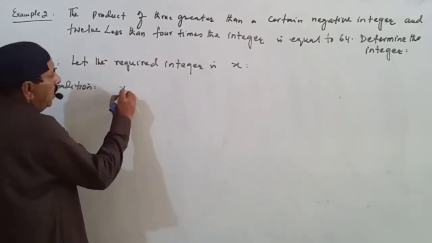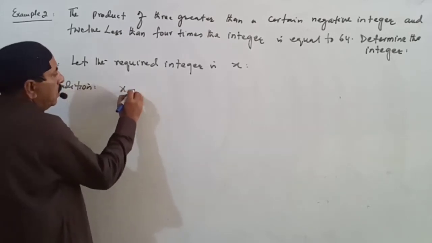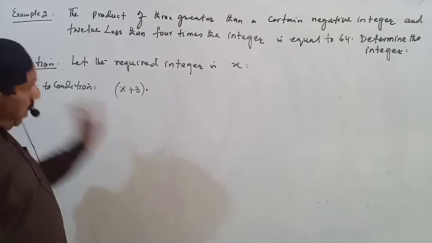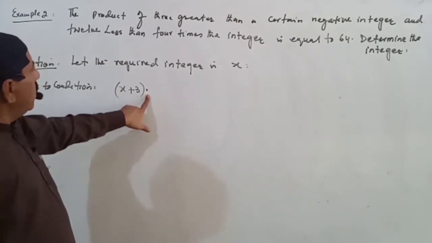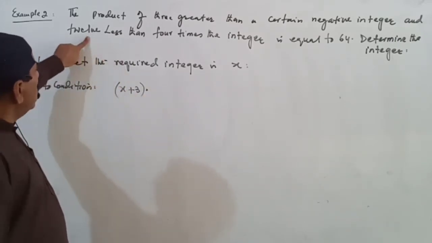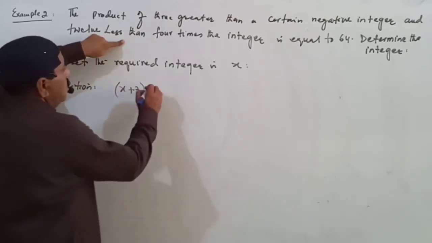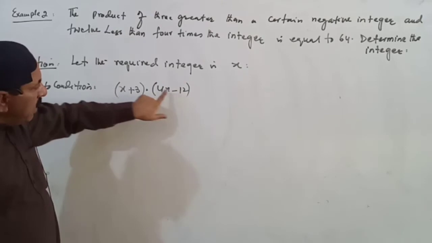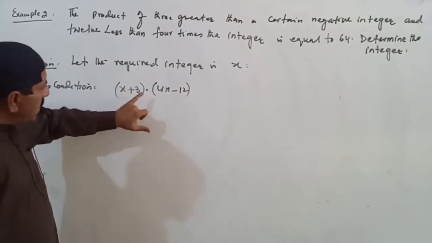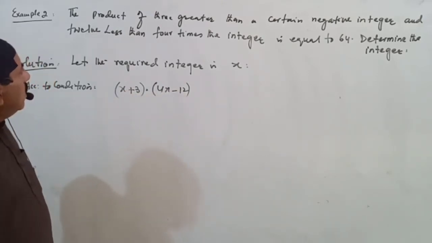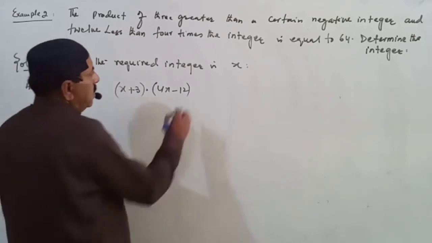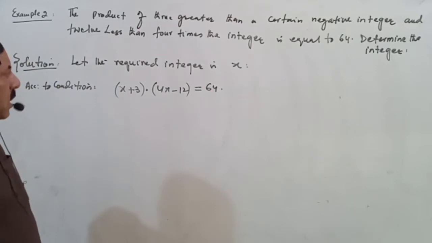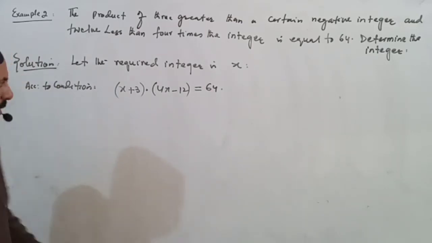Suppose this is a negative number, 3 greater than means plus 3, so x plus 3, and its product with whom? The number 12 less than 4 times, means 4 times is 4x, minus 12. So 12 less than 4 times the integer and x plus 3, the product of these will be 64. What is the integer? Means what should be the value of x?